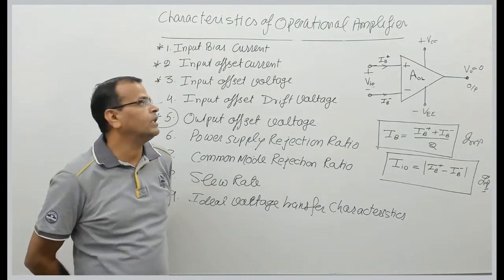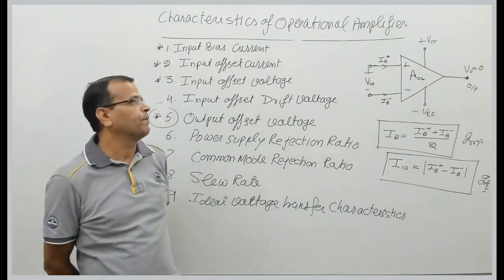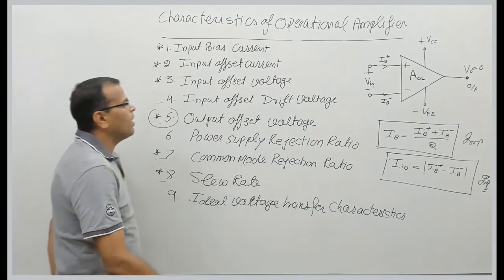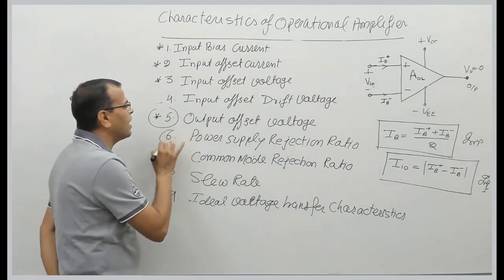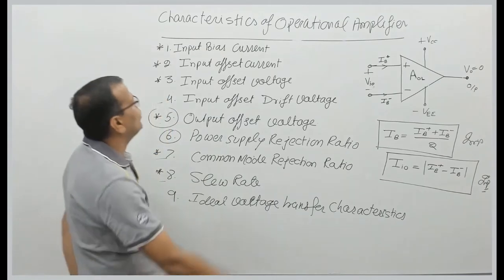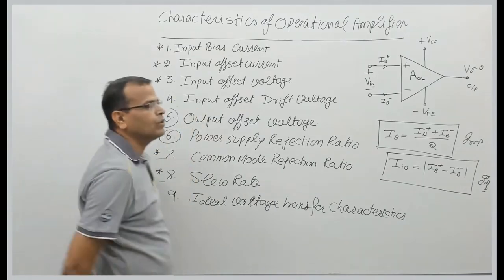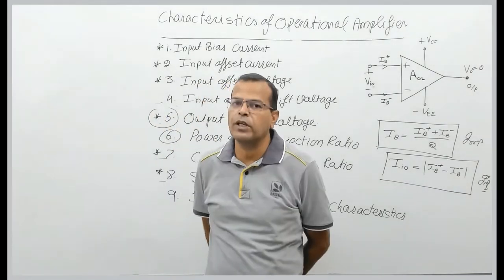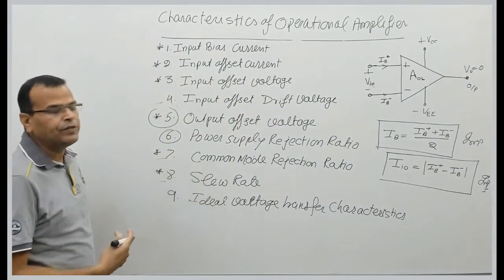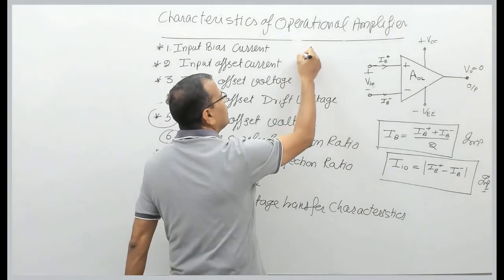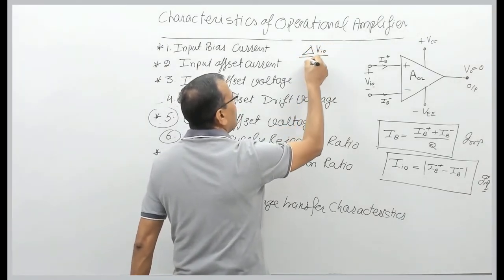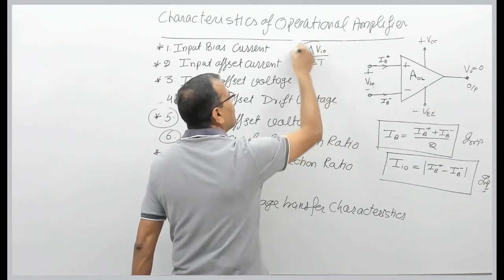Now let us talk about input offset drift voltage. What is it? It is the variation in input offset voltage of the op-amp per unit temperature.